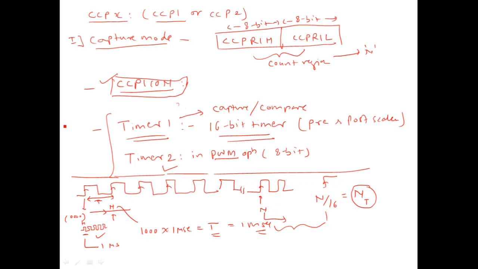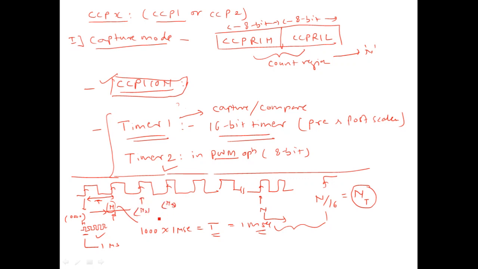Or what you can do is let your timer keep on working continuously, and after every rising edge, suppose you record the count. After every rise, say n1 here, then here you get n2, here you get n3, suppose.